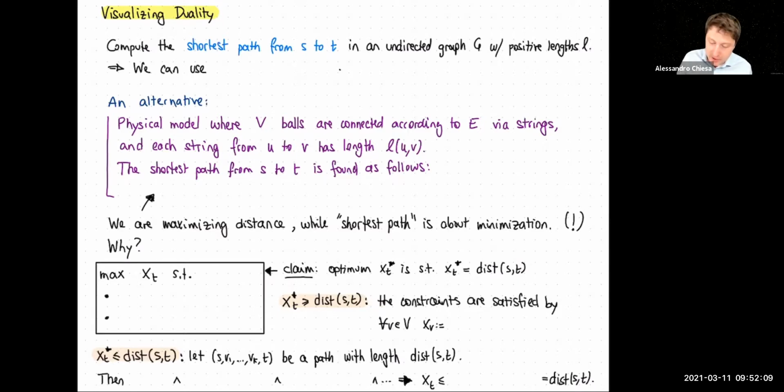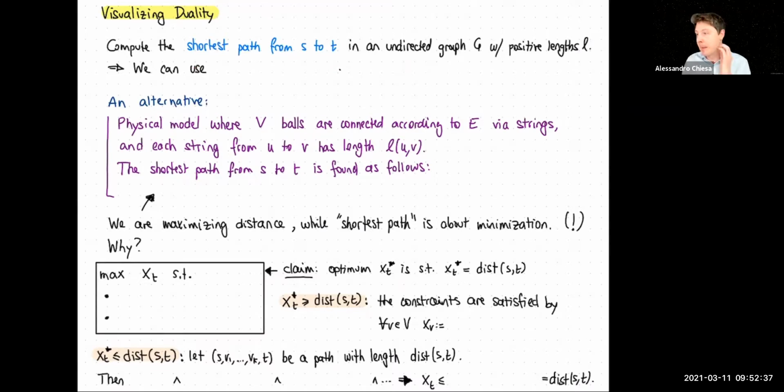So for certain examples, let's consider the shortest paths problem, but differently from how we talked about shortest paths earlier in this course. Rather than starting from one vertex to anywhere else, I'm going to specifically focus on one vertex to another vertex. So we are interested in computing the shortest path from S to T. And we're going to be in an undirected graph with positive lengths.